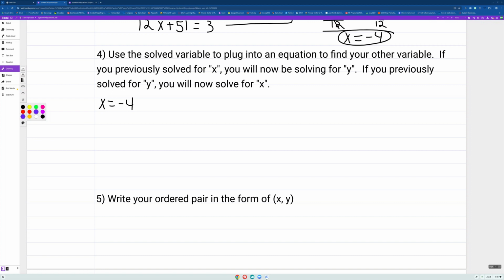And in that case, that equation was y is equal to 5x minus 17. Okay, so now instead of rewriting that and writing x, I'm going to replace it. It's no longer x, it's -4.